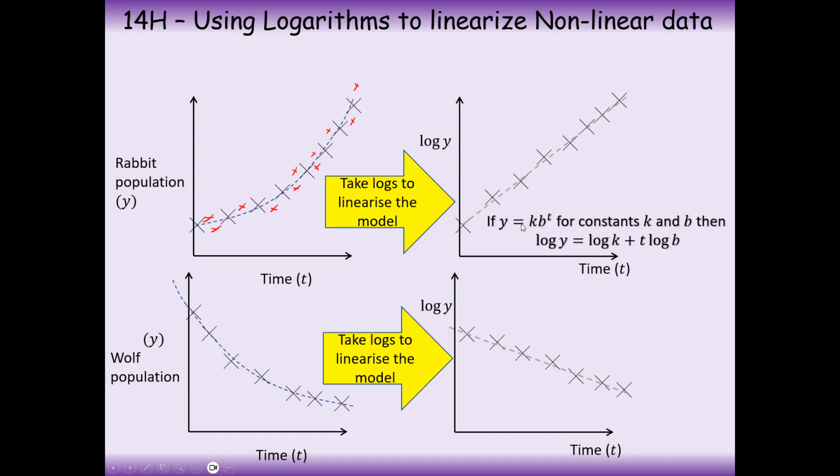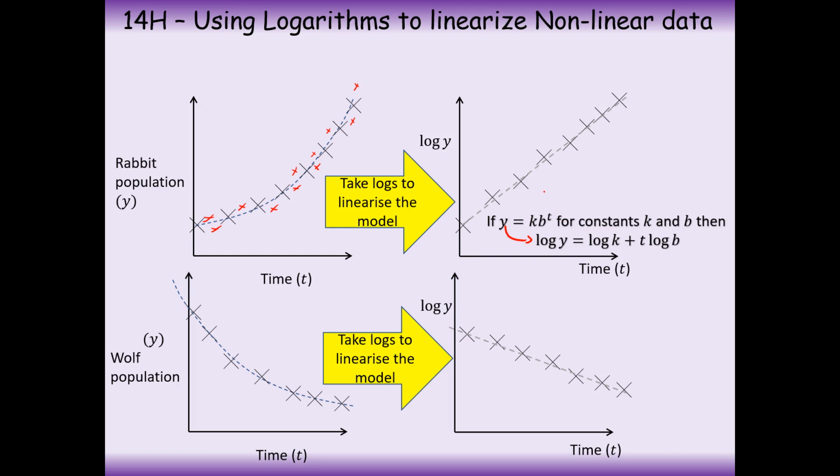So let's say y has this particular equation where t is the power of b here. Those k and b are some coefficients there. So taking natural logarithm of both sides, now you know natural logarithm rules.